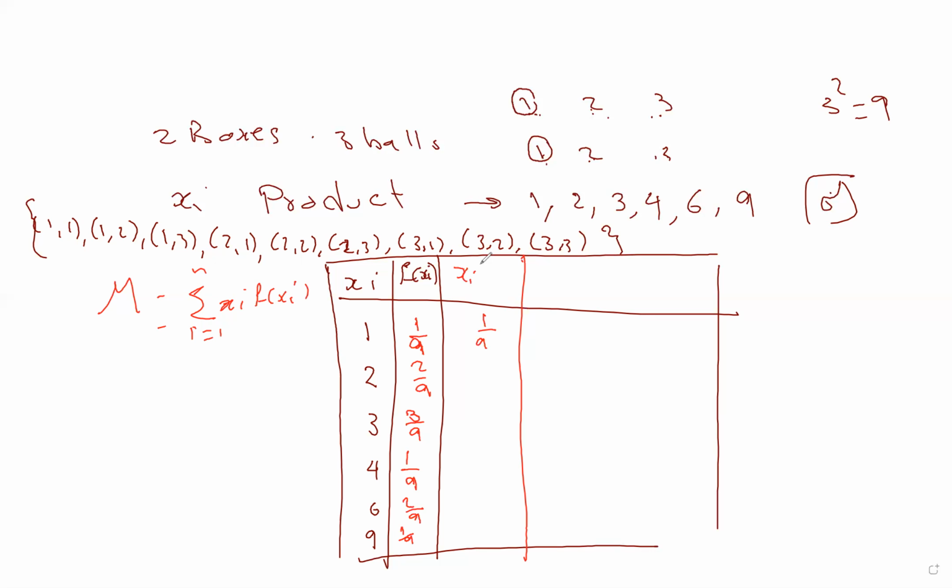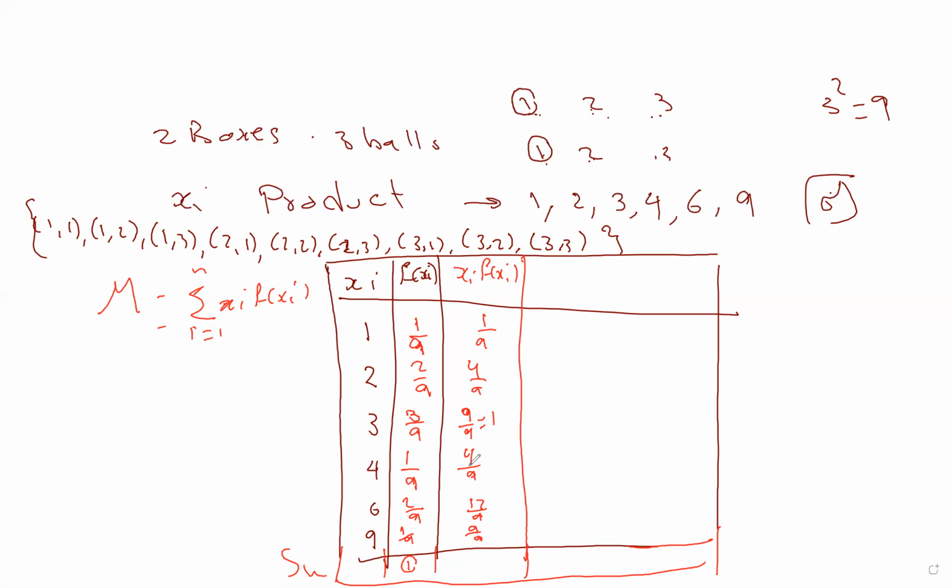This is xi times f of xi: 4 over 9, 9 over 9 which is 1, 9 over 9 which is 1, 4 over 9, 12 over 9, and 9 over 9 also, which is 1. The sum of f of xi, which is the sum of the probabilities, must be 1. It must be 1, the sum, according to the experiment itself.